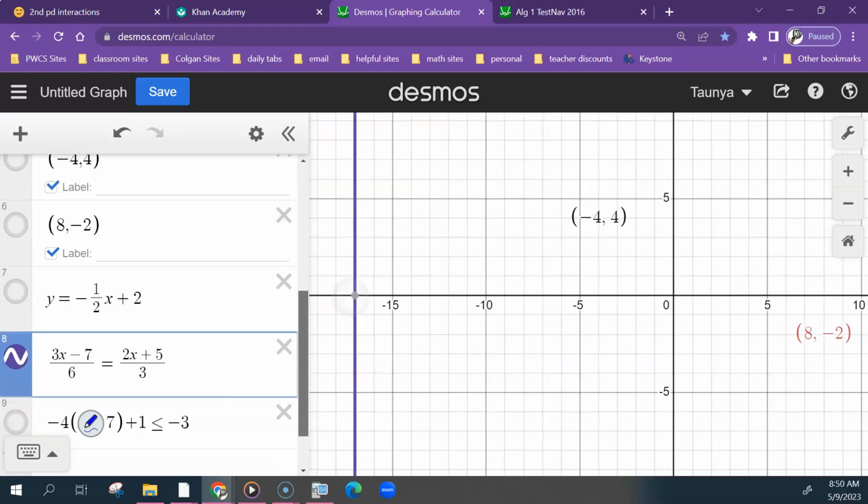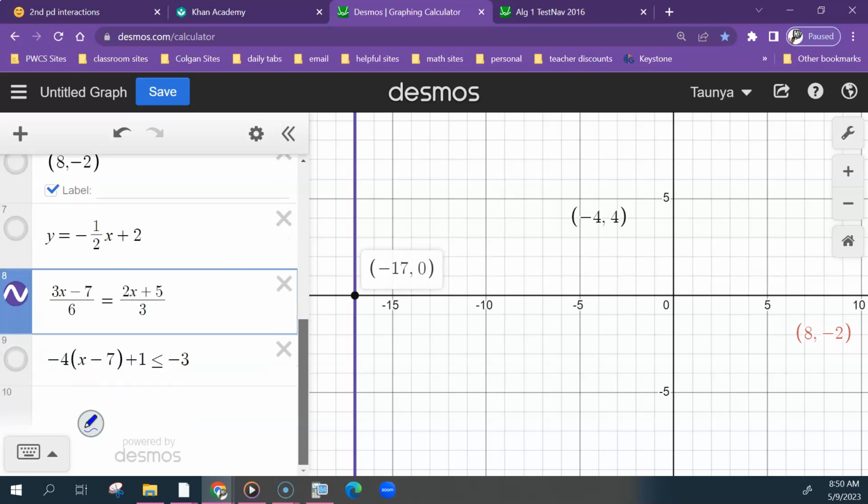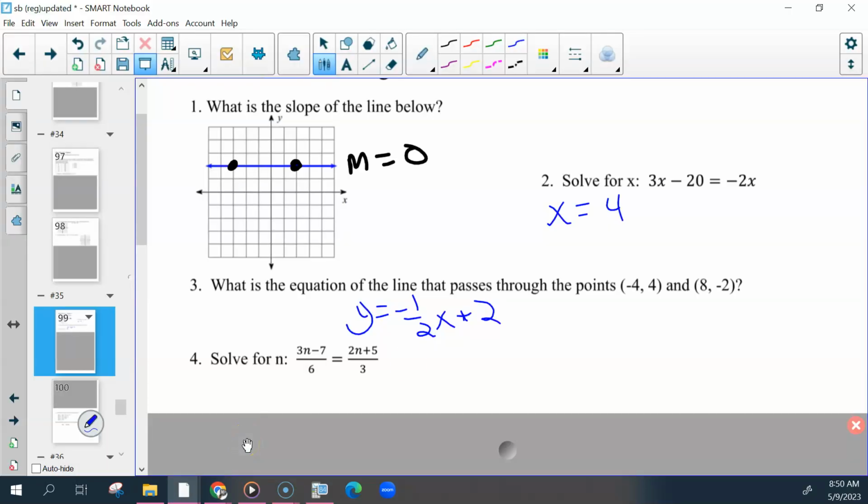In this case, it was. If you zoom out and you still don't see anything, put in this side and then the other side, and that would show you if they're parallel, meaning no solution, or overlap, meaning infinitely many. But this should have been x or n equals -17. Questions on those 4?